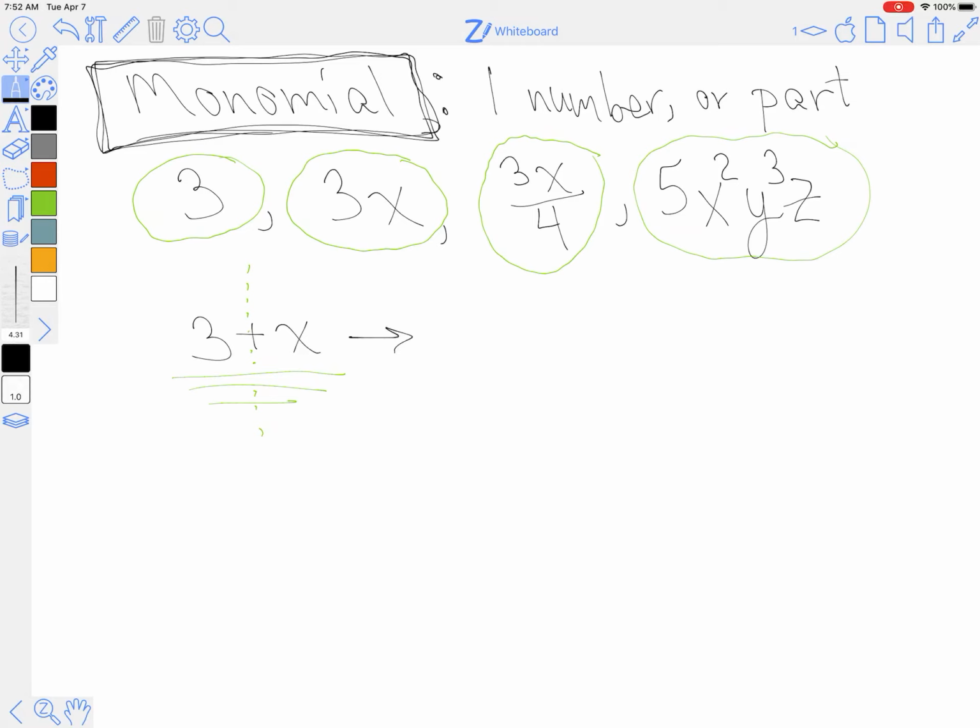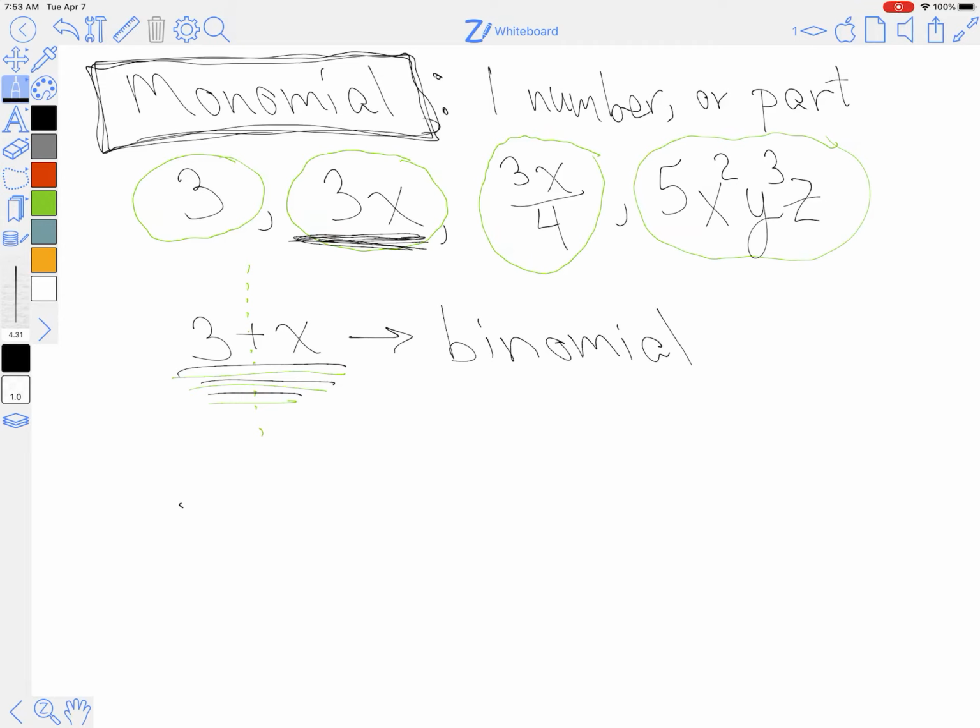And if we were going to get specific with this, this would be called a binomial because there's two parts to it, the 3 and the x, because we have separated them with addition. So when it's multiplication, 3x, that's together as 1, it's a monomial. When I put the addition sign in the middle, like I did here, that's when it becomes, for this case, a binomial, two parts.